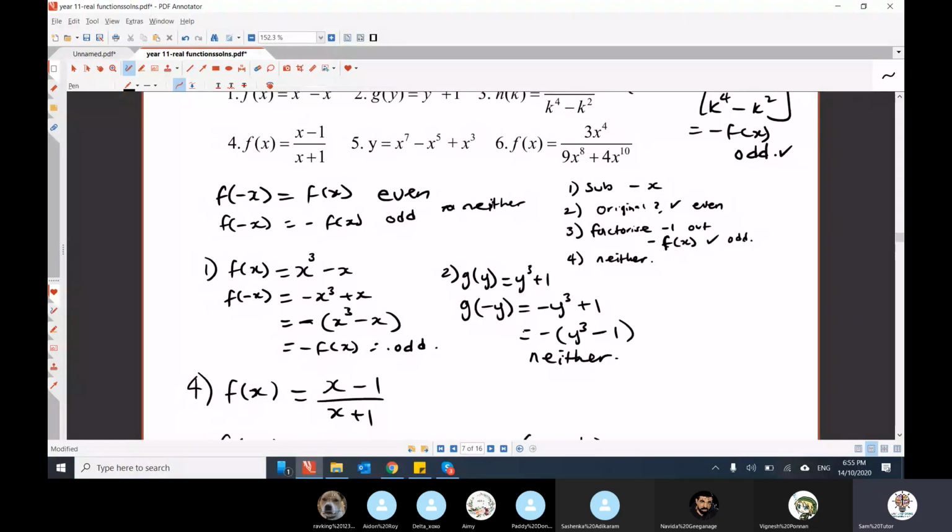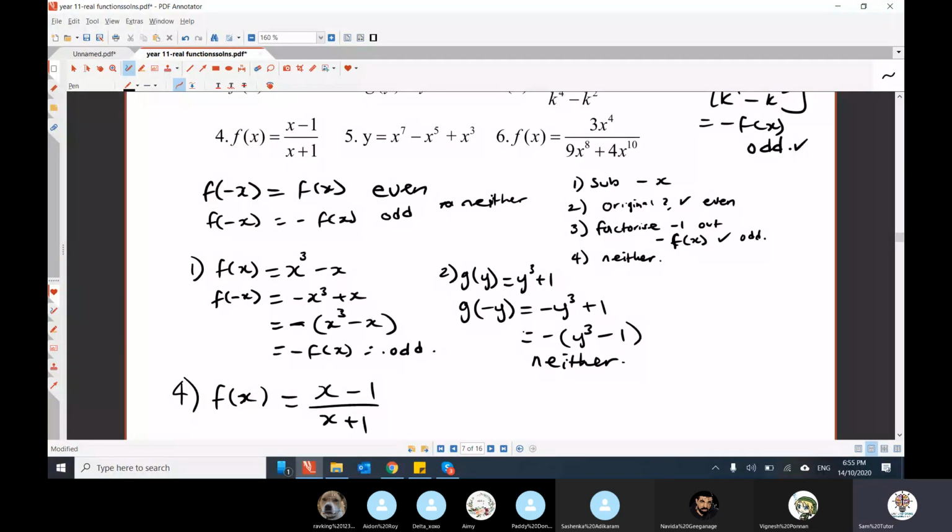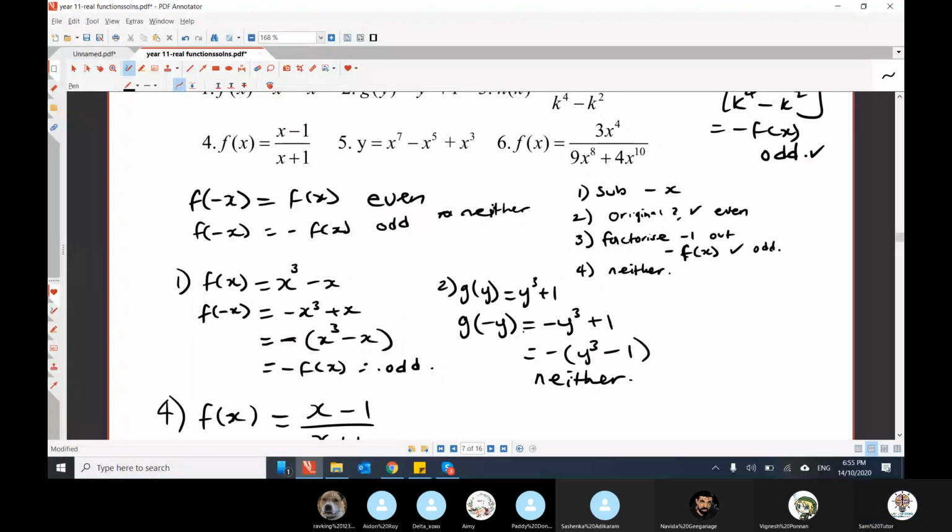Guess what number 5 is going to be? Odd, even, or neither, by just looking at it? Anyone? Nav? Just observation. What do you reckon it is? It's the last one, sir.